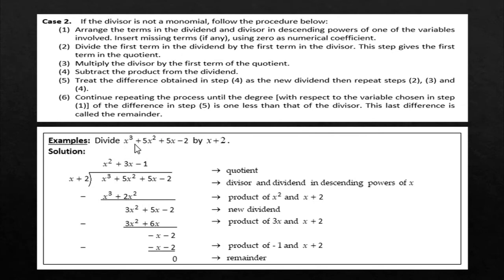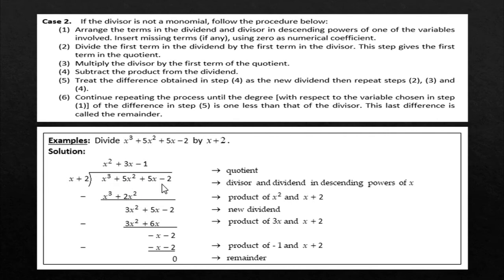Divide x cubed plus 5x squared plus 5x minus 2 by x plus 2. So, solution. Sa atong step 1, arrange the terms in the dividend and divisor in descending powers of one of the variables involved. So, in this case, naka-arrange na siya, no? Descending, naa tay exponent 3, 2, 1. And then, ang isa ka term nga, number lang.